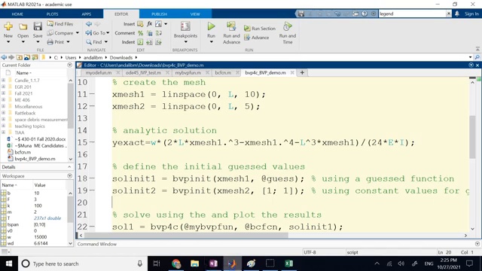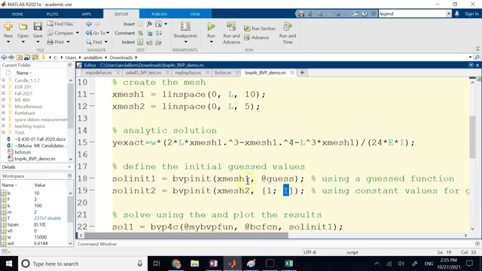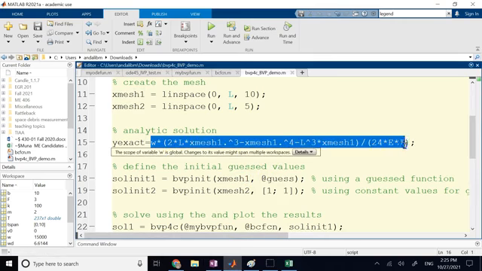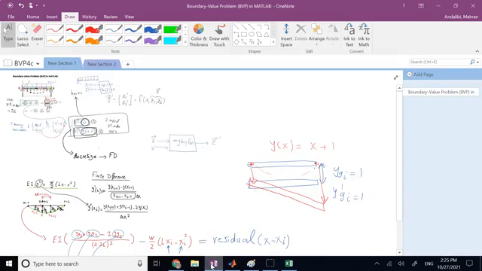But even with the wrong guess, for both y and y prime, the method still works and is still able to update the yg's and converge to the actual solution. What you can do better is say, well, I tried to give it a guess, and this guess at least satisfies the boundary condition.